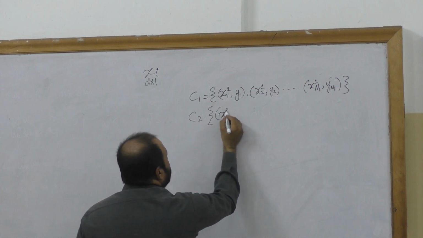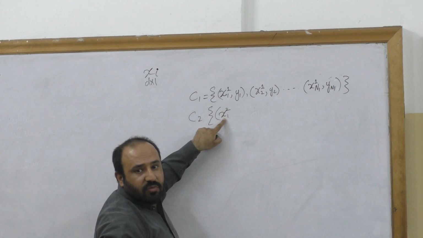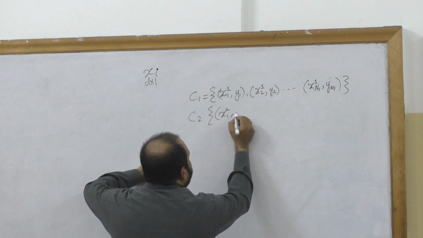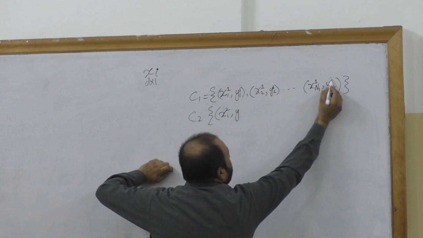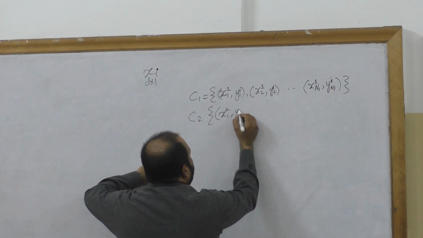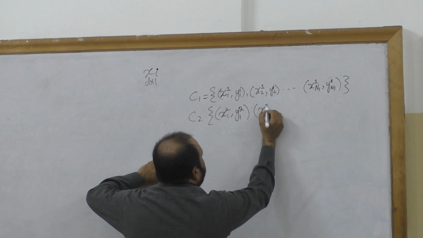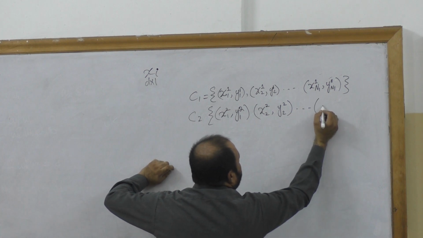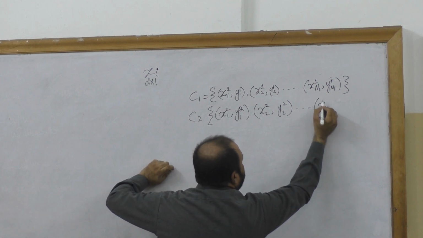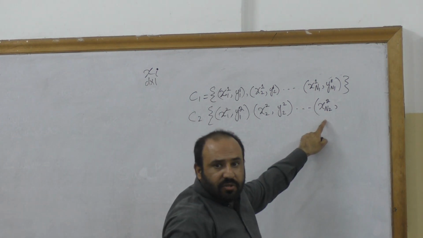Now we have x21. This is not square. This is the point of class 2, and this is the first point of it. And we have y1, 2. Then we have the second point of class 2, and we have y2. Just notation. X n2. N2 means the total number of points in class 2 are n2.